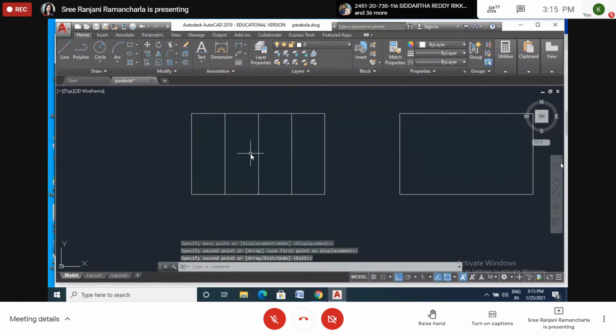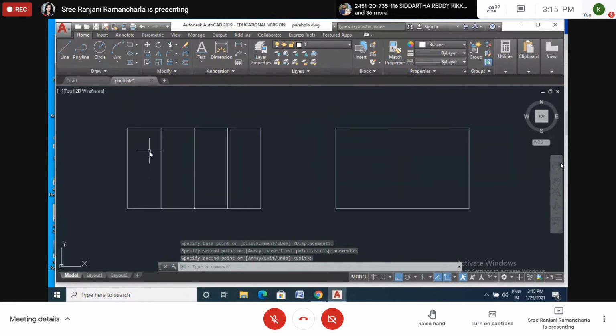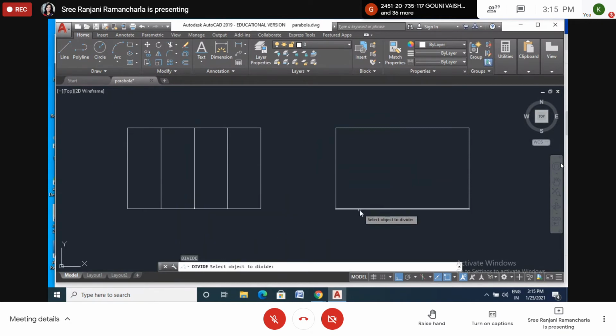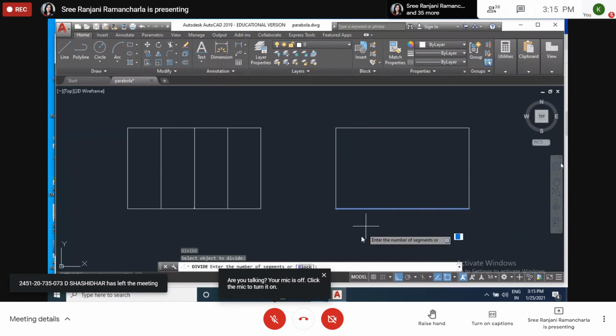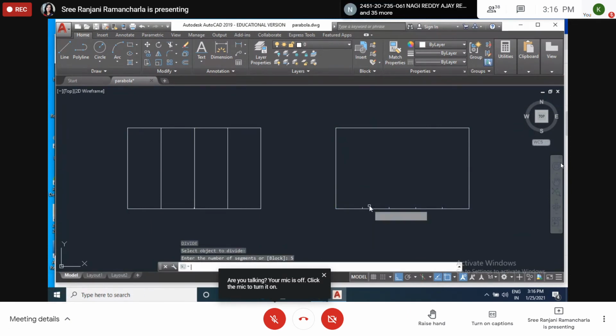Now here, divide the object into 5 parts.